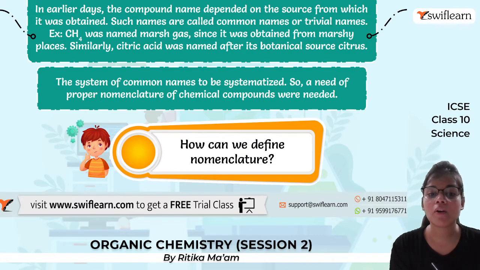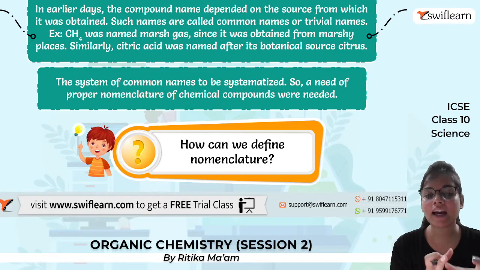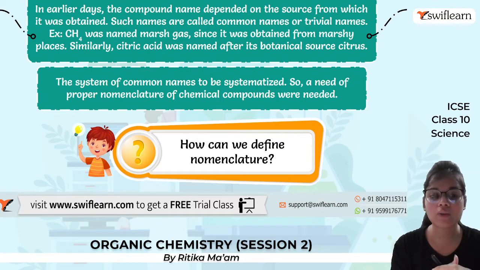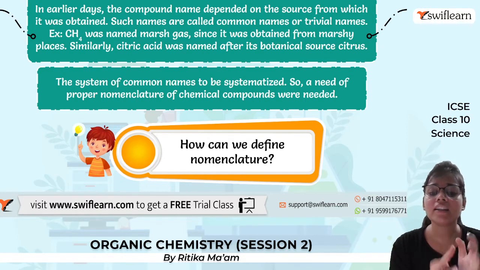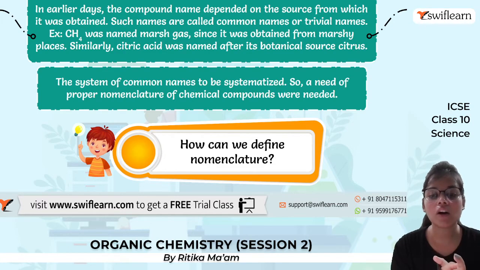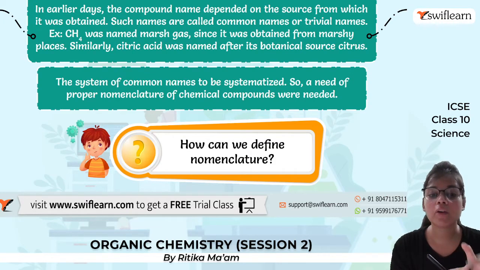Similarly, citric acid was named after the botanical source citrus. Since we got it from citrus sources, we named it citric acid, right? But these common names were not systematic. So we needed to systemize this process, and that is why there was a need for proper nomenclature of chemical compounds.